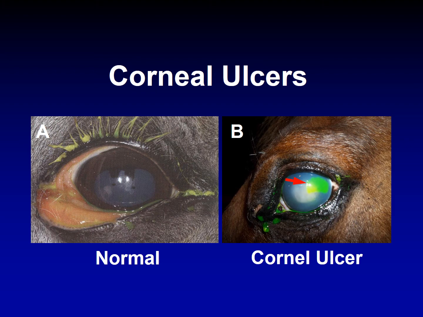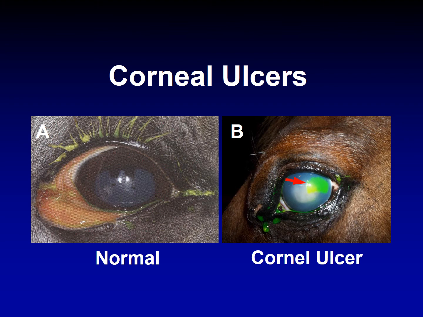On the picture on the right-hand side, on the other hand, you can see a patch of greenish area where the arrow is pointing, and that we call an increased uptake of the stain. That cornea clearly has an ulcer on it, and that's the reason why it took the stain.